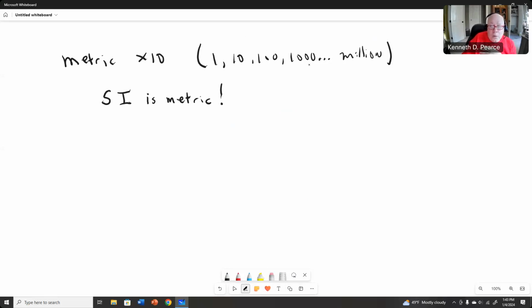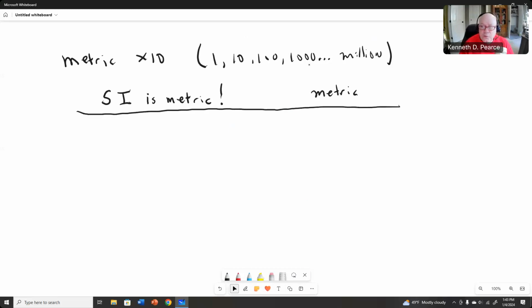But you also have just metric, which is convenient, okay? And so there's lots of different metric units, but SI has a specific unit for everything. And so the first thing that we have is length.